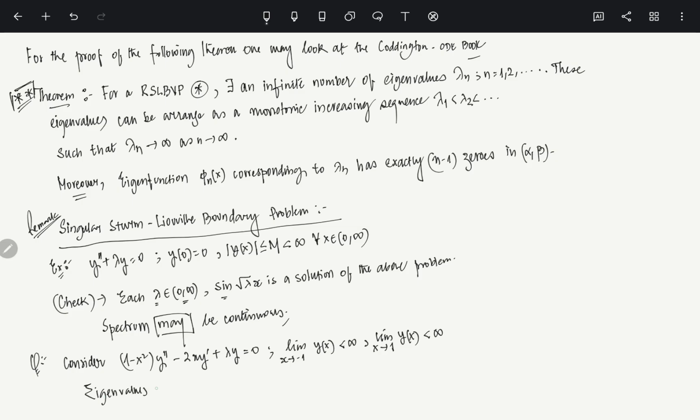Or maybe let me give it: the eigenvalues are lambda n equals n minus 1, n in the natural numbers, and the eigenfunctions phi n of x are given by P n minus 1 of x. These are the Legendre polynomials.